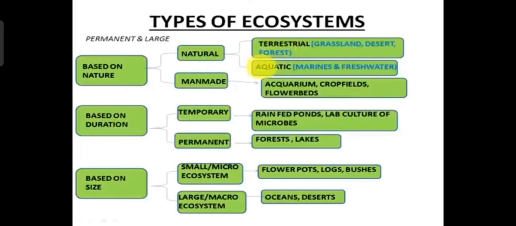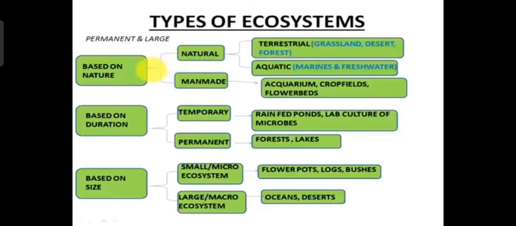The second type is the aquatic, in which again there are two types: marine, which is like the ocean, the large water system, a salt water system, and the freshwater system. So there are majorly two types of natural ecosystems, the terrestrial and aquatic.